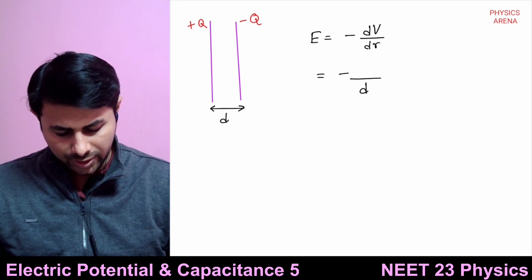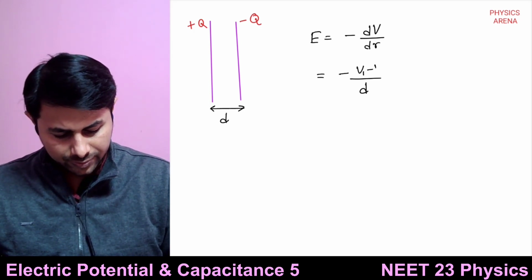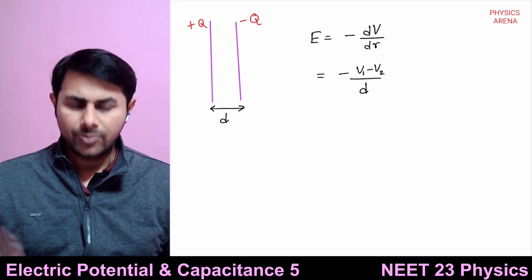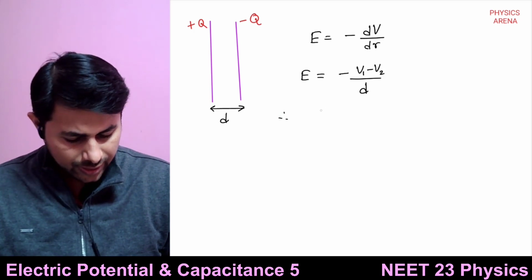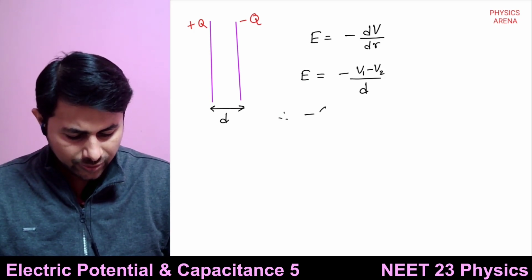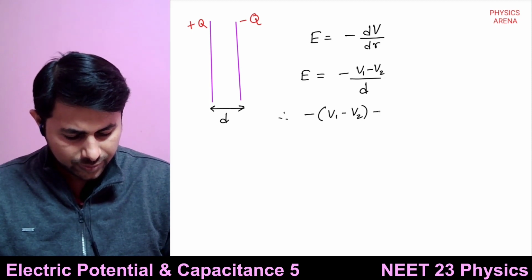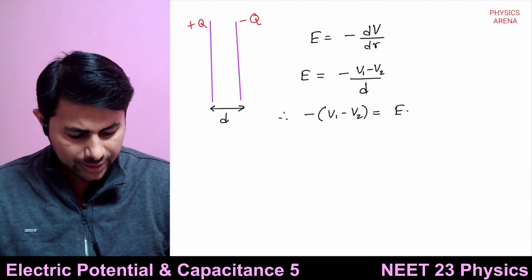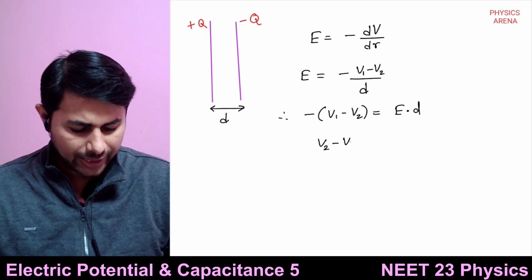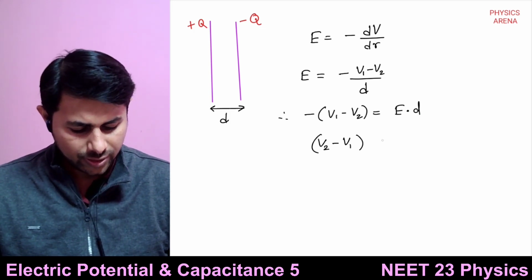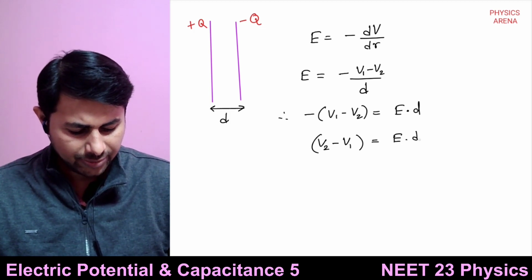Let's call it V1 minus V2, the potential difference. And therefore we can say V1 minus V2 is equal to E times D, and that is, you can say, V2 minus V1 is E times D.